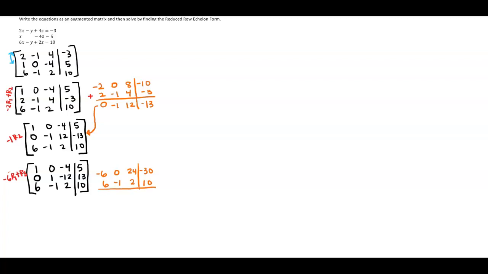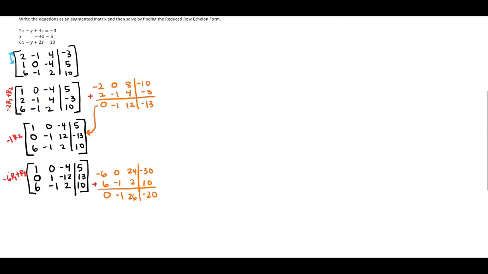When I add these together, I get a 0 here, which is what I wanted. Add those together, get negative 1, 26, and then negative 20. Again, this is going to be my new row 3 in my next matrix.